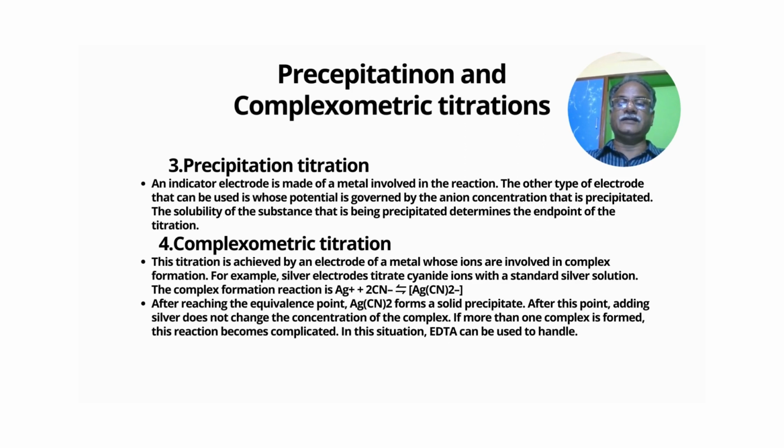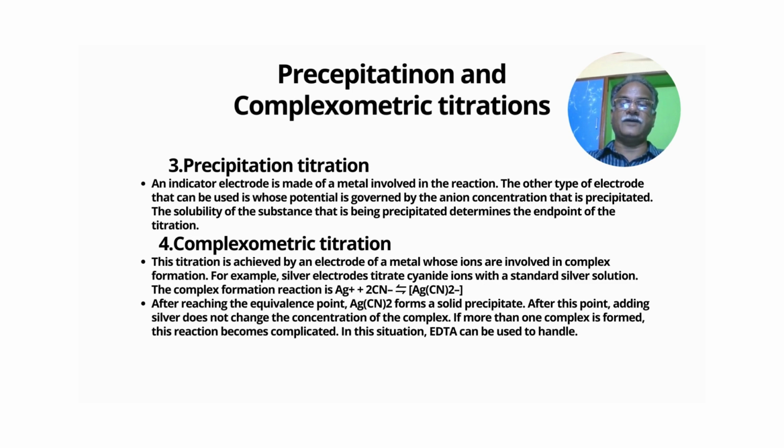Fourth type is complexometric titration. This titration is achieved by an electrode of a metal whose ions are involved in complex formation. For example, a silver electrode titrates cyanide ions with a standard silver solution.